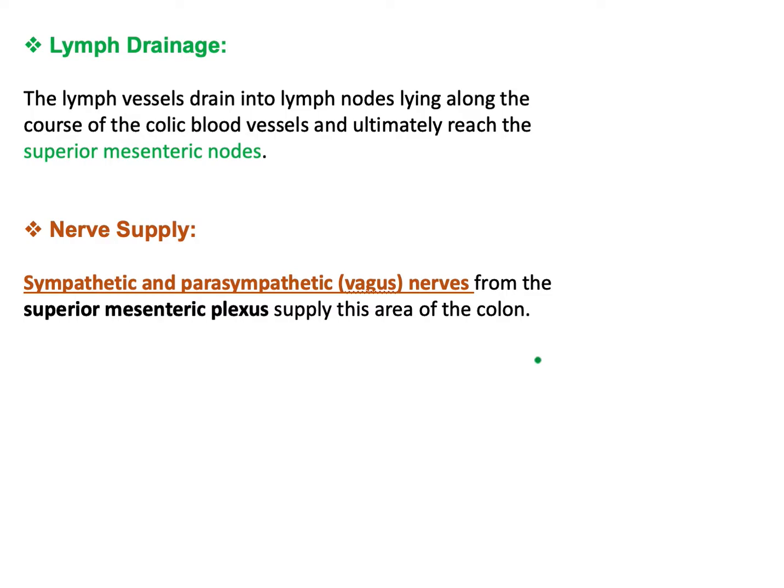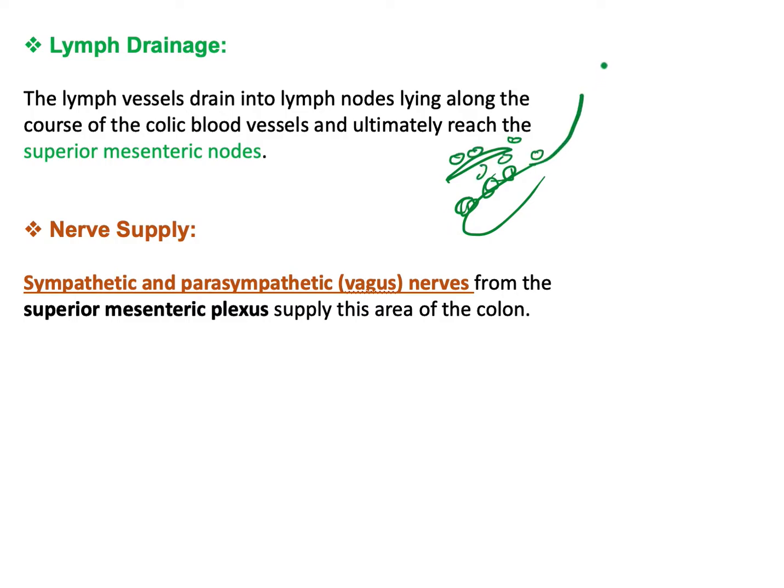Lymphatic drainage, as I always say, the lymphatic vessels follow the deep arteries. That means there are lymphatic vessels that drain to lymph nodes lying along the colic arteries, and I mean the ileocolic and right colic. So there are lymph nodes there.